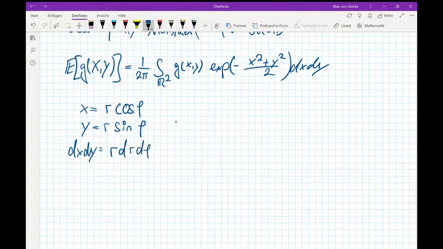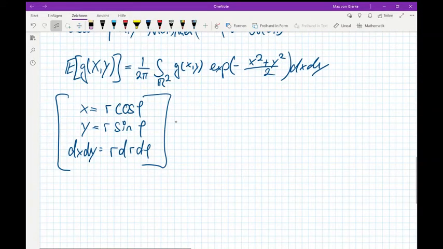I'm not going to show this, you know how it works. It's just the determinant of the Jacobian matrix of these functions here. But I think this is pretty common knowledge that it's just r.